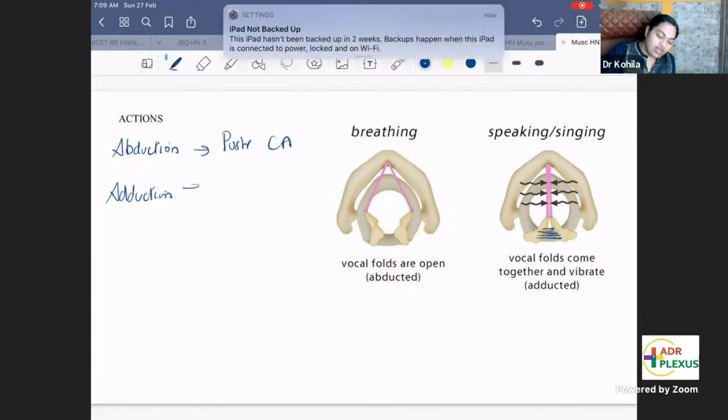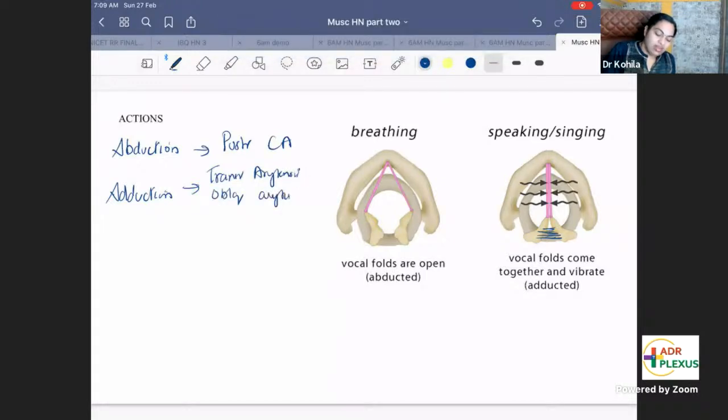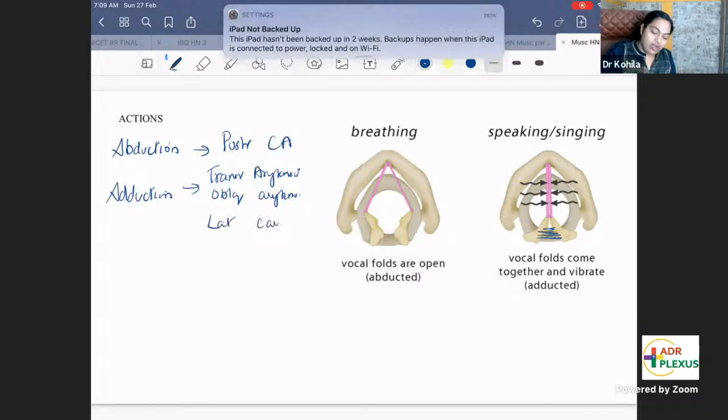Adduction of the intercartilaginous part will be by transverse arytenoid and oblique arytenoid. Adduction of the intermembranous part by the pull of the lateral cricoarytenoid.